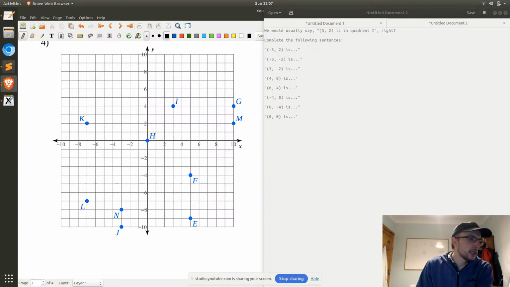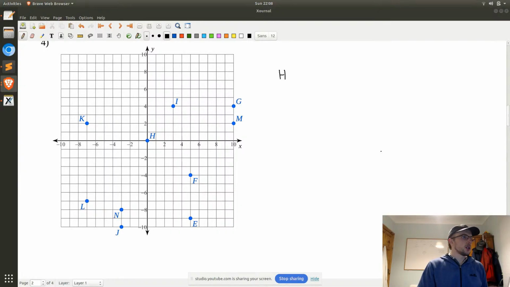Quadrantal is usually applied to angles. Okay. All right. Back to the task.